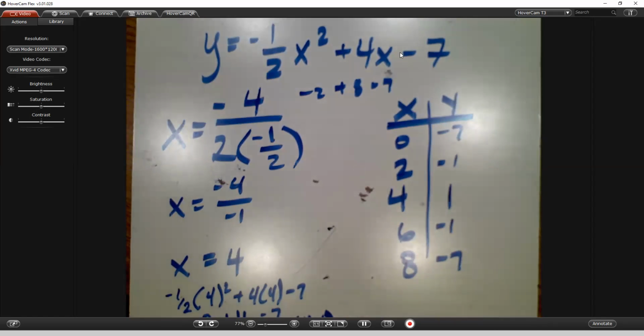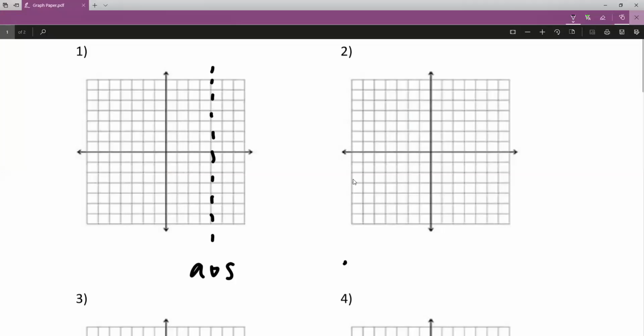Now as I go to my graph, I should be able to plot those points. Great. At the point 0, -7, 1, 2, 3, 4, 5, 6, 7, one point there.